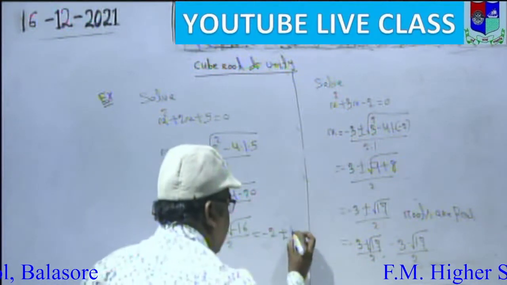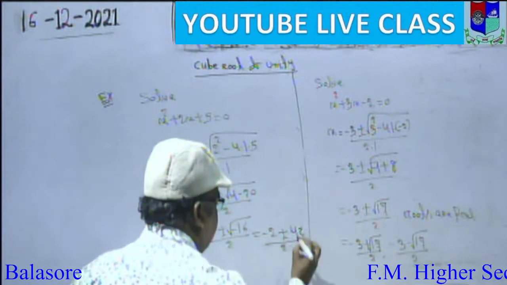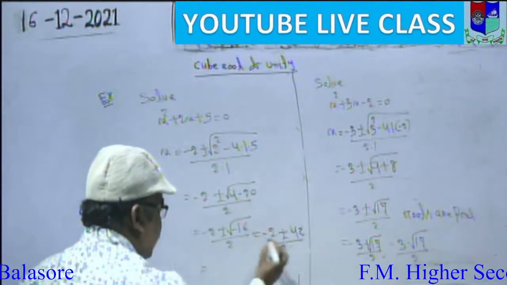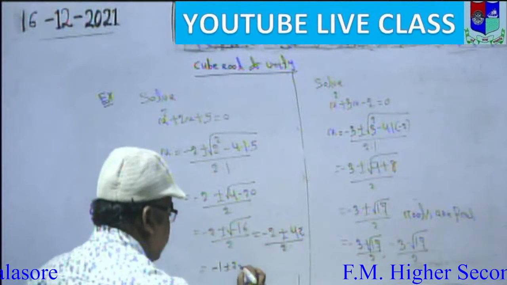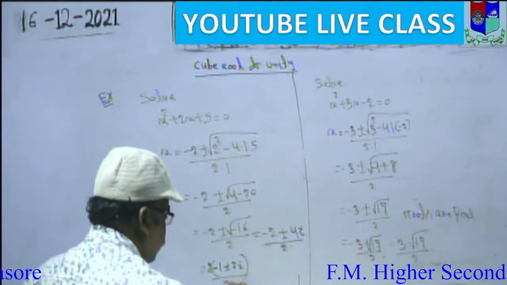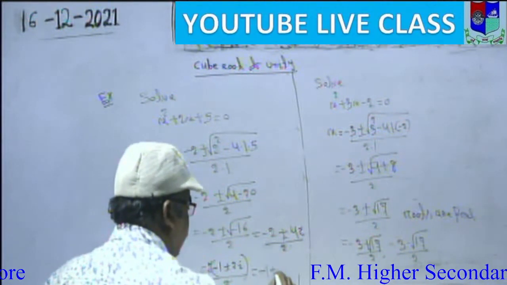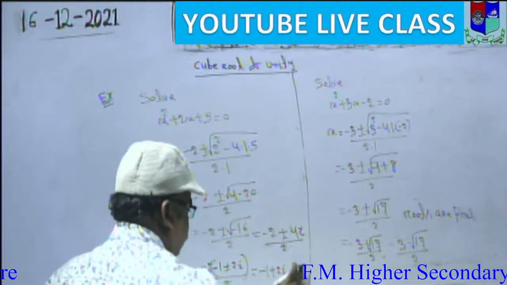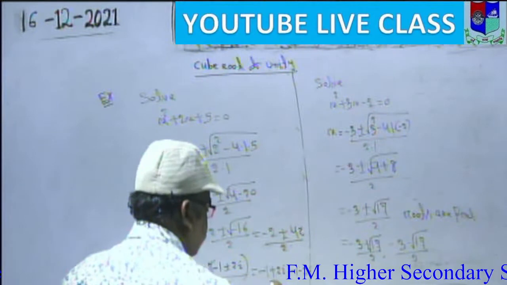So we write here 4i divided by 2. Taking common 2, we find minus 1 plus or minus 2i. The 2 cancels. Now one root is minus 1 plus 2i, other is minus 1 minus 2i.